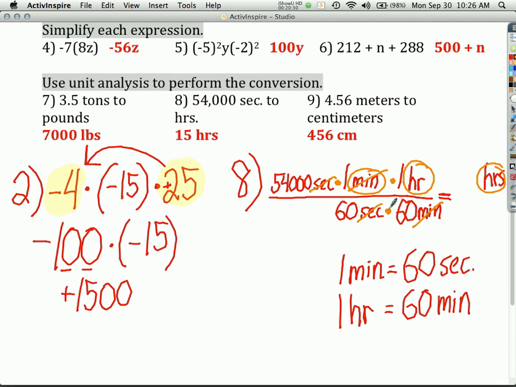So we end up with 54,000 divided by 3,600, and you end up with 15 hours. That is why unit analysis is such an important skill, because there's going to be a lot of times you need to convert from something to something else where we don't have a simple conversion factor.